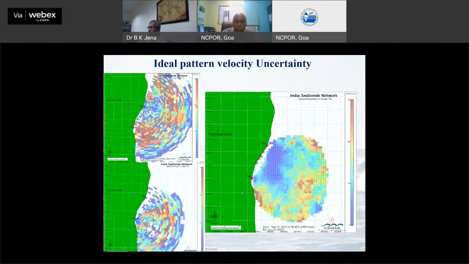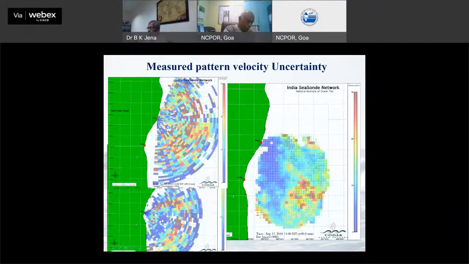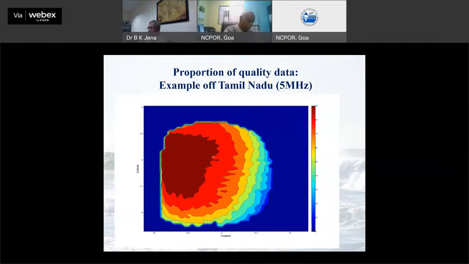I want to show you here how it can happen without measuring, and with measuring how we can improve the data. And as I told, with site selection we can get good quality data in the center of the pattern. Outside, we have to have some more filtering to get good quality data. Otherwise, here it will not get more than 85% confidence level.